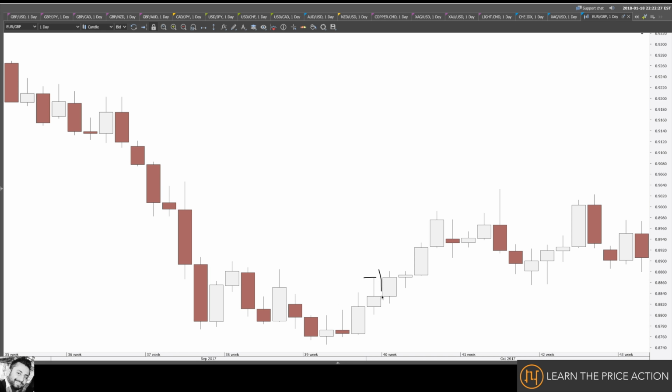You had an inside bar. So what does that mean? That means this high has been breached. So at this level right here, as you can see, the prices are holding above it. I'm looking at a daily chart, by the way, so this strategy is only applicable on the daily time frame.